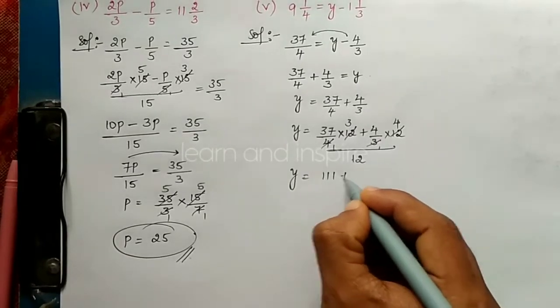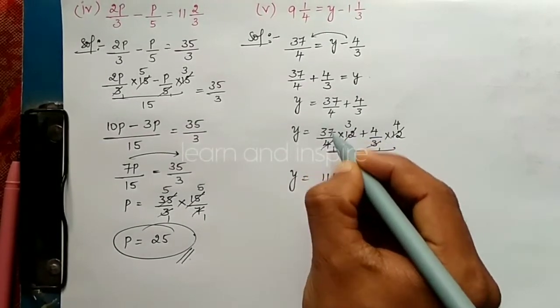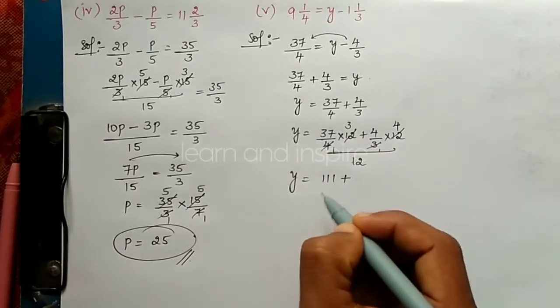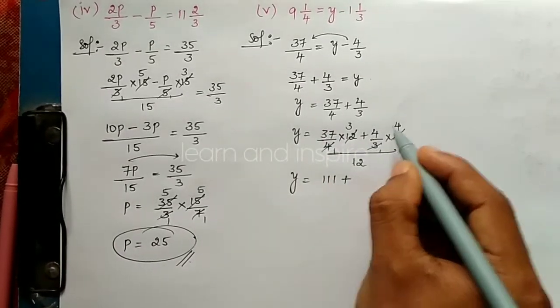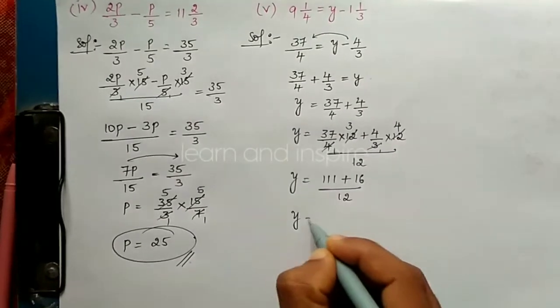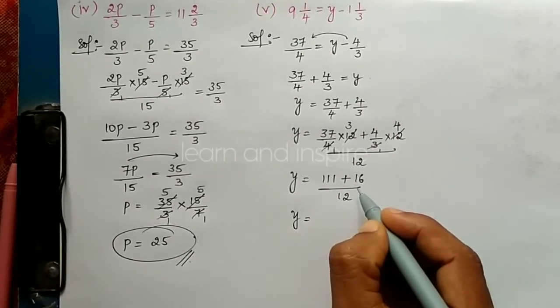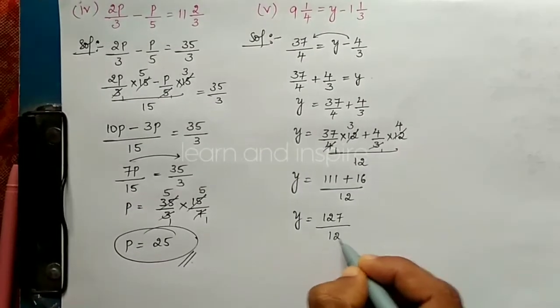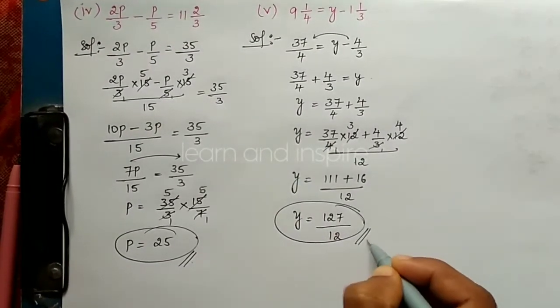37 3s are 111, plus 4 4s are 16, by 12. Y is equal to 111 plus 16, which is 127, divided by 12. So this is the value of y.